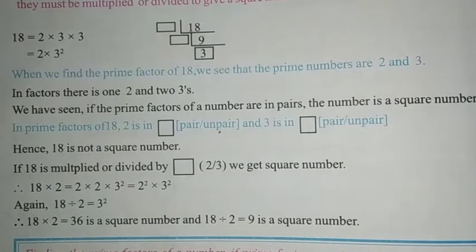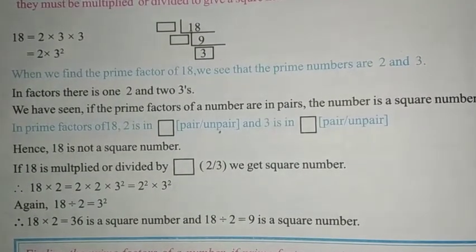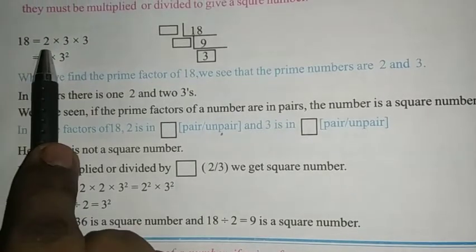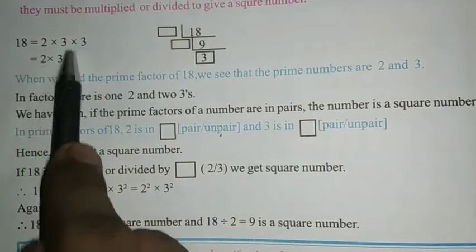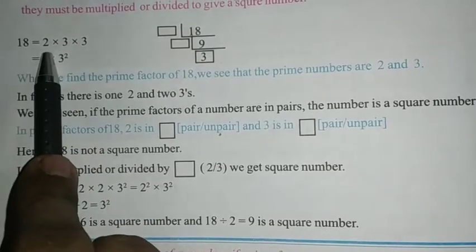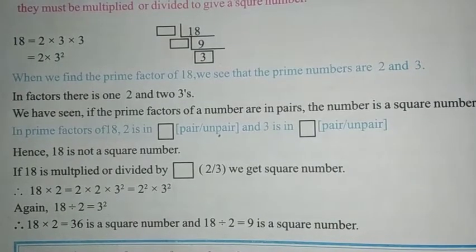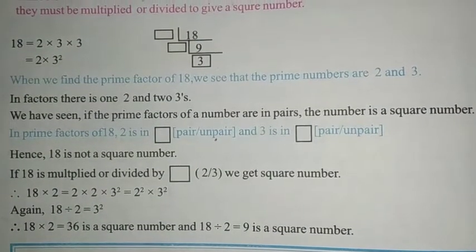So this was the case for multiplication. Now if I divide this by 2, that means this 2 will vanish, and only 3 square will be present. That means if I divide it by 2, then also the number will be a square number. Understood? So this is the way I need to solve these questions.